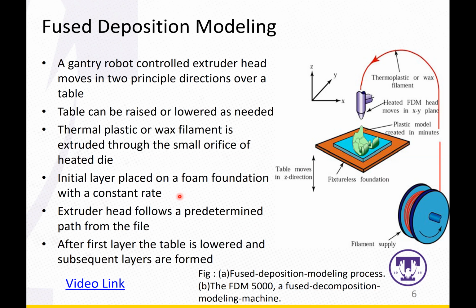And then the extruder will go through a certain pattern, the so-called infill patterns and so on and so forth, right? And once one layer is printed, the printing nozzle will go upwards by the layer thickness, and then the new layer will be generated.